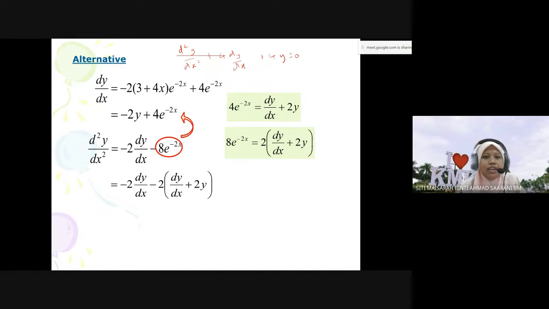And then we expand until we show the second derivative of y with respect to x plus 4 dy/dx plus 4y equals 0. For this way you have to be creative, so you need to practice. Okay, that's all, so you can do tutorial 9.3.